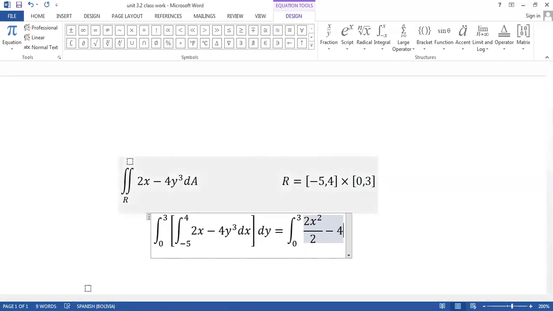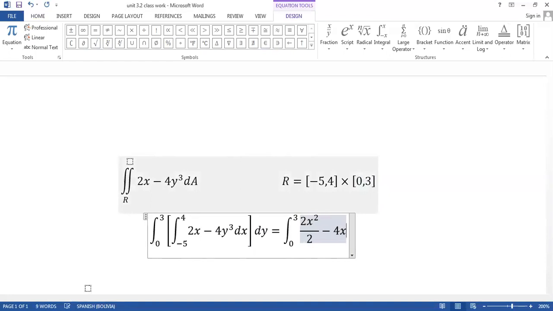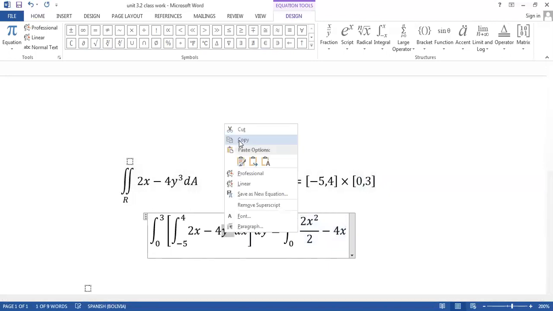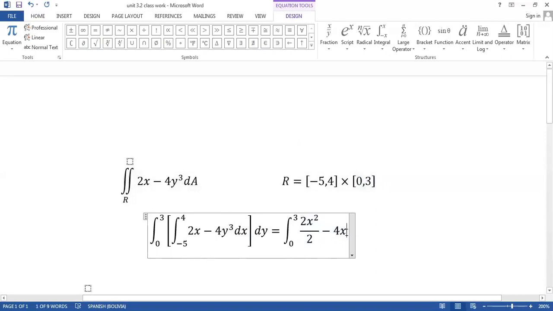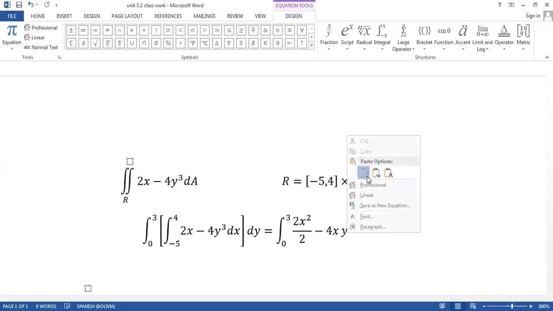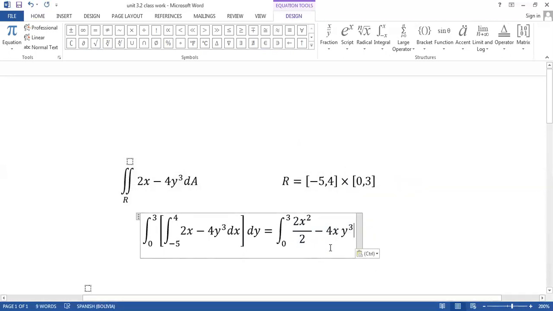You say you're doing it with respect to x, so treat the y as constant. So if all of that is constant, would that be 4y cubed? No. Oh, 4xy cubed. There you go. Yes, that is doing it with respect to x.